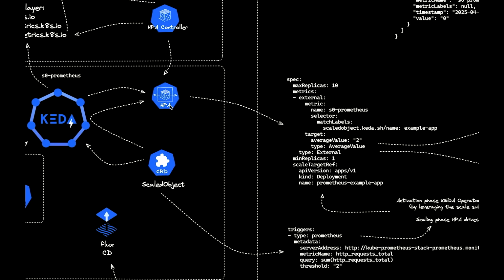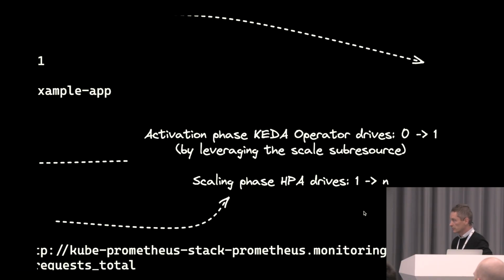This is because KEDA works in 2, let's say, 2 modes. First of all, it can drive to 0 the number of resources, my number of pods, so it can scale to 0. But that kind of scaling is managed by KEDA directly. So the KEDA operator drives the scaling from 0 to 1 and 1 to 0, which it does with the scale sub-resource.